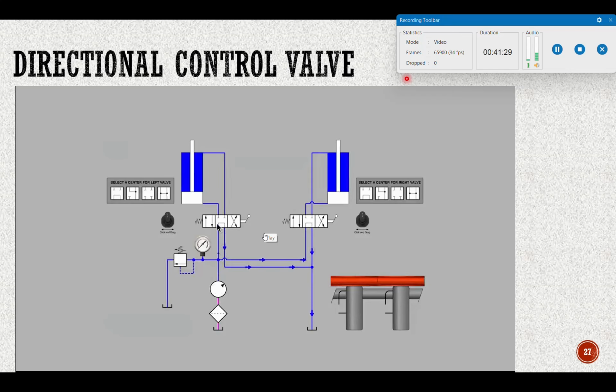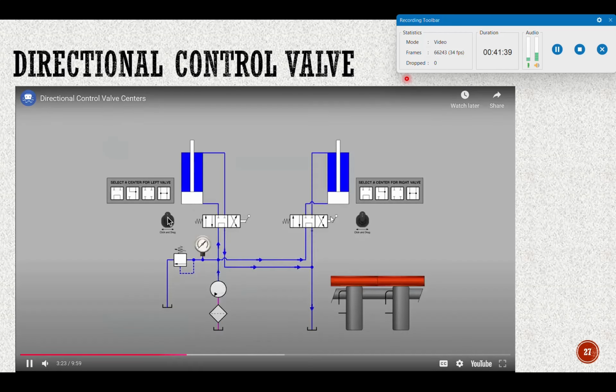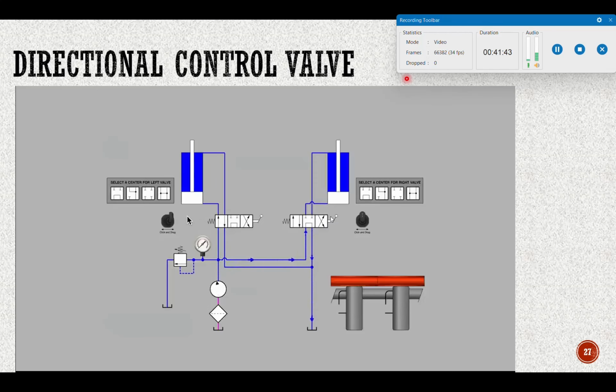The pump's flow is unloaded to tank whenever we release the valve handles into the center position, but will the cylinder on the left rise when the valve is moved to the P to A position, the extend position? No, it will not. Just like when we were working with the open center valves, while trying to extend the cylinder on the left, all of the pump's flow has a leakage path back to tank through the valve on the right.